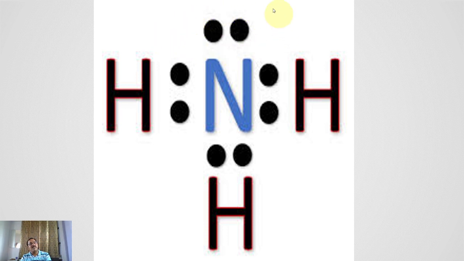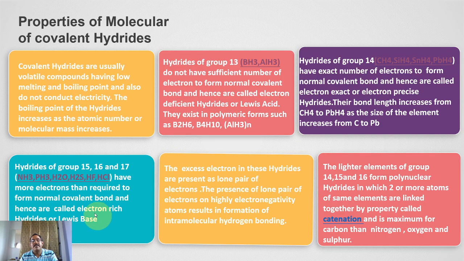Since it is not involved in any bond formation, it may be given to other species which are electron deficient, and may form a coordinate bond. Therefore, these are Lewis bases.